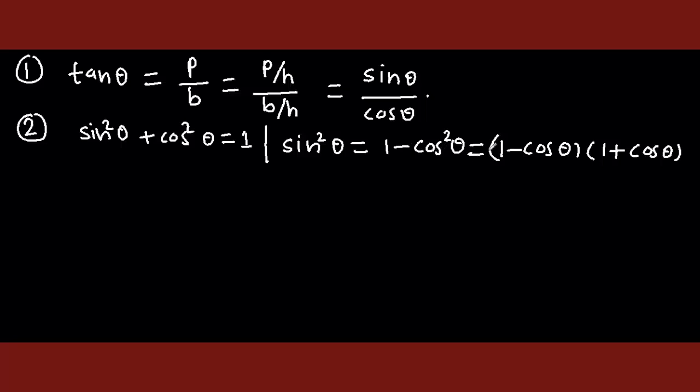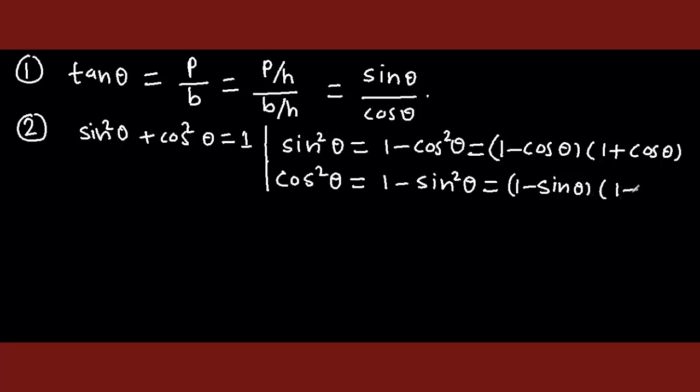I have applied this formula: a minus b into a plus b is given by a square minus b square. Okay, you can write this as cos square theta is equal to 1 minus sine square theta. So you can write again this as 1 minus sine theta into 1 plus sine theta.